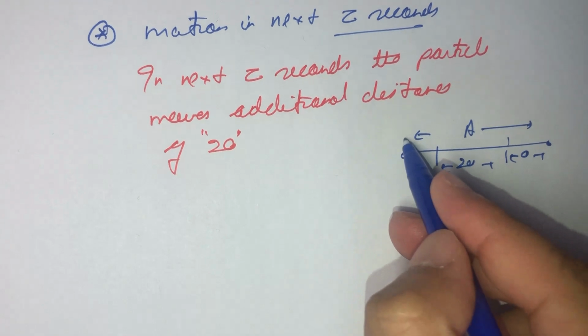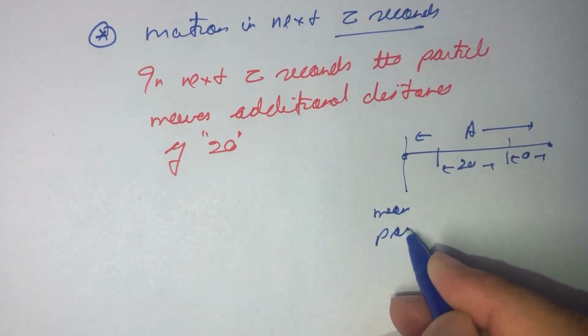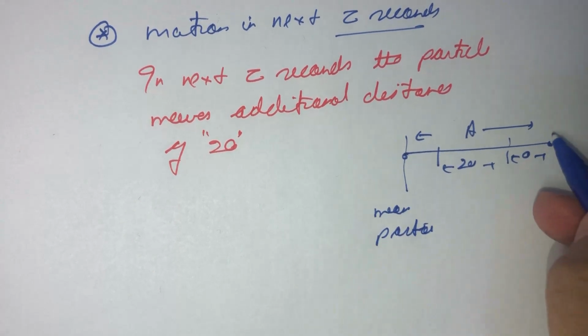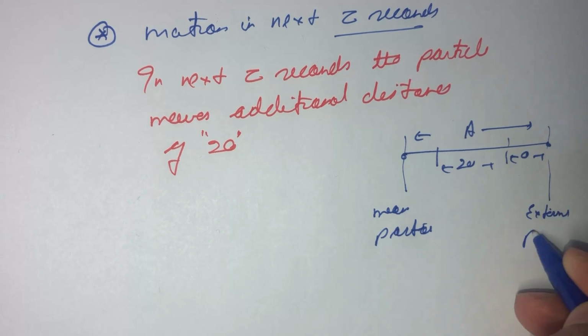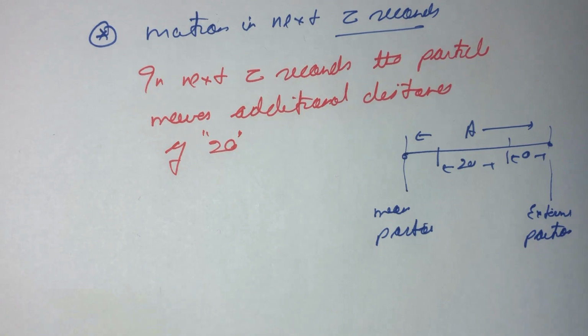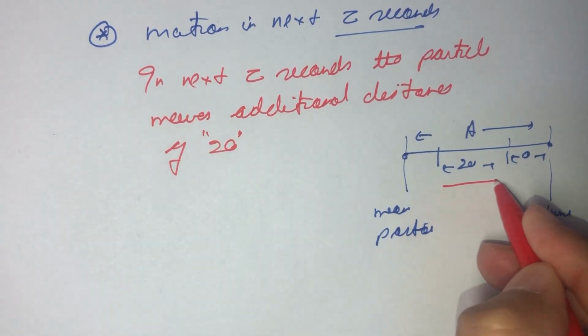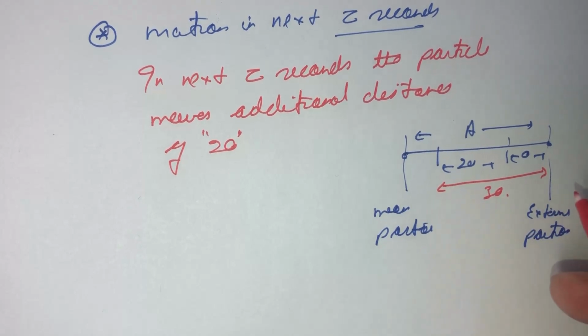So the total distance traveled from the extreme position will be 3a.